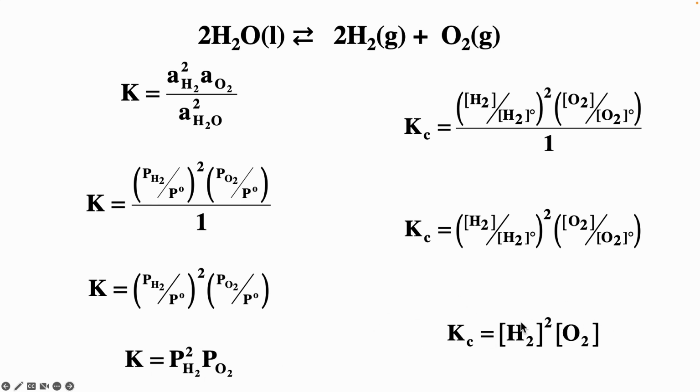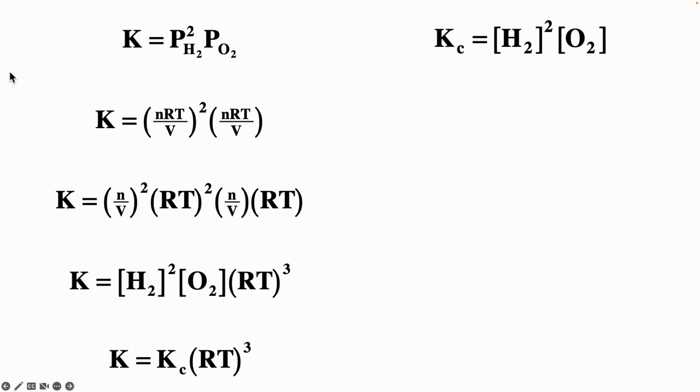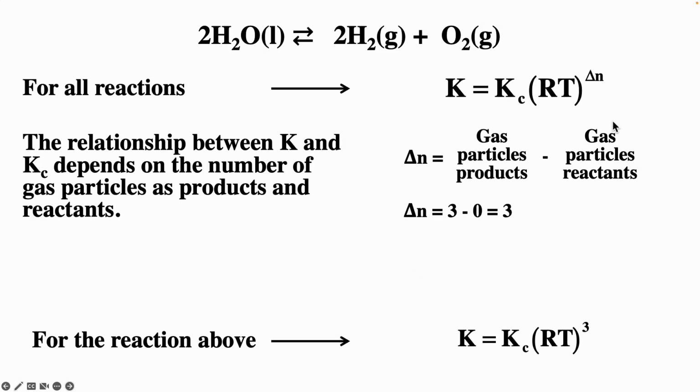And we can ask, will these be different? And numerically, they should be different because, again, you notice that you've got 3 gas particles products and 0 gas particles reactants. If we do that derivation again, we see that K equals K sub C times RT to the power 3. Again, we could just use this equation, K equals K sub C times RT to the power of delta N, where delta N is gas particles products minus gas particles reactants.